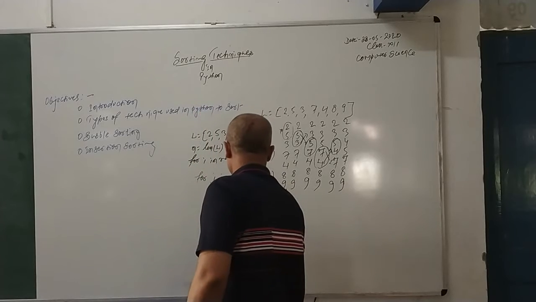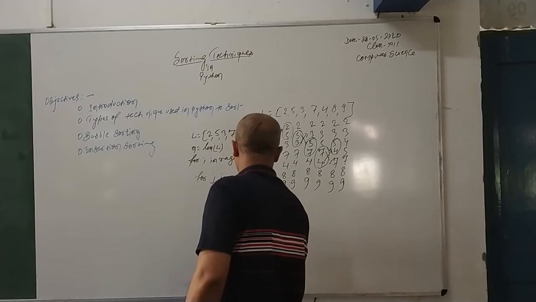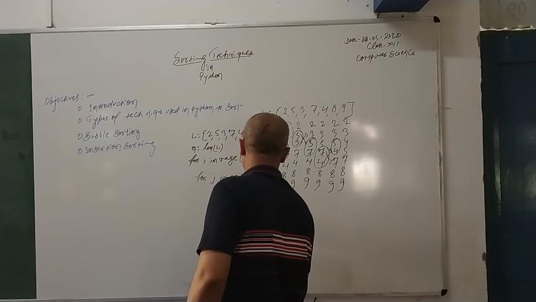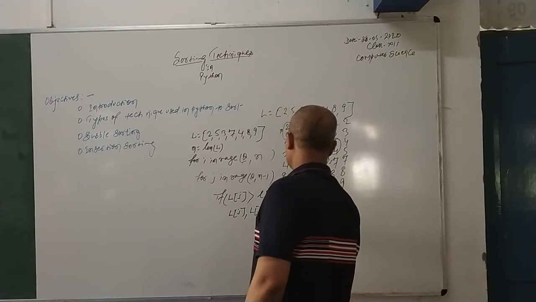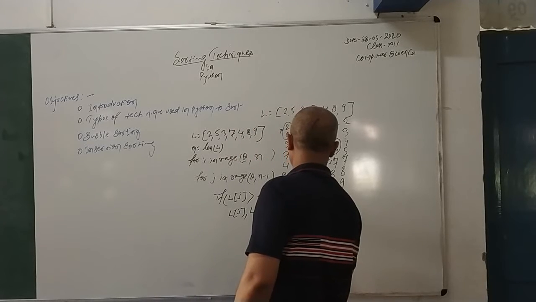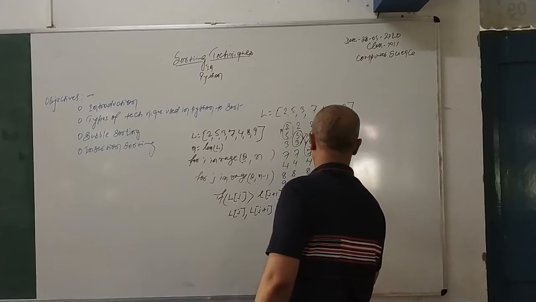What you have to do, you have to say L of j, comma L of j plus 1 equal to L of j plus 1, comma L of j.